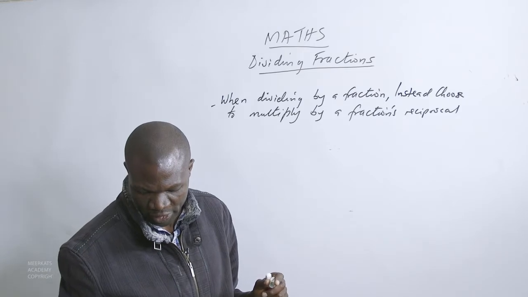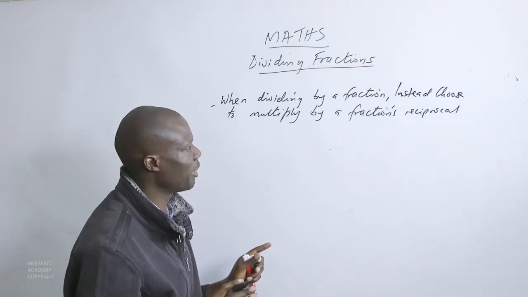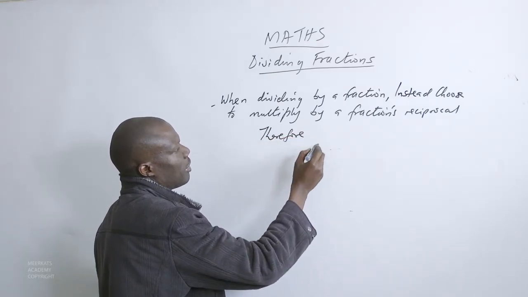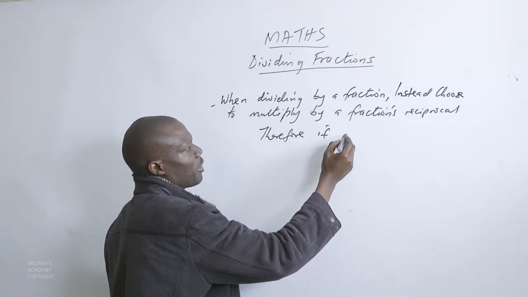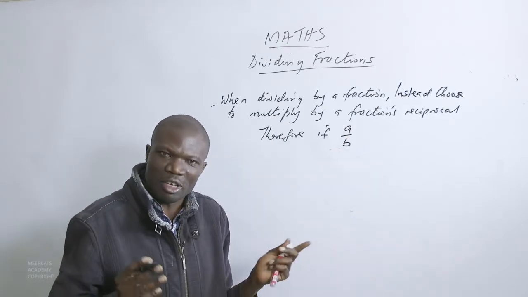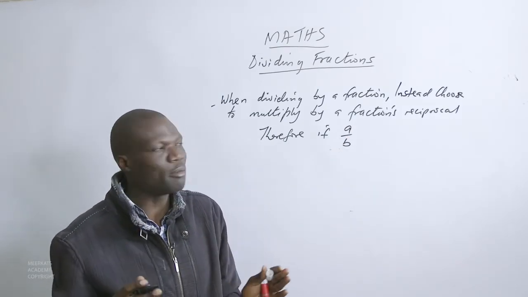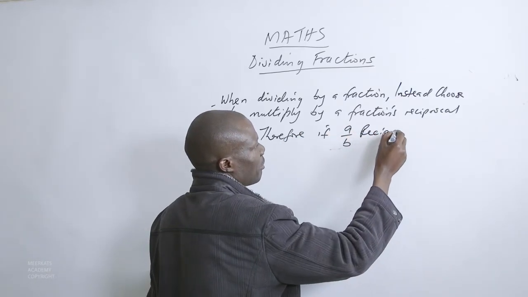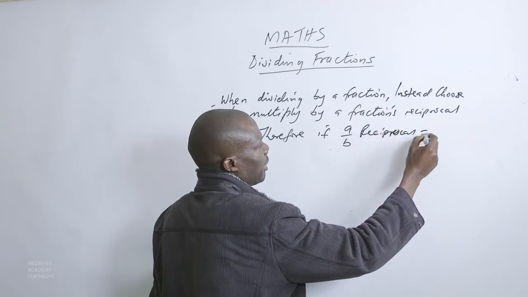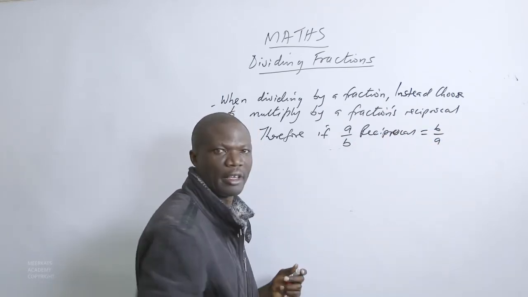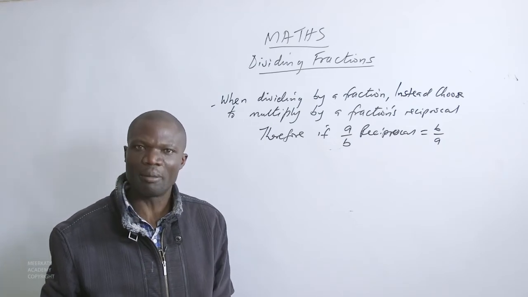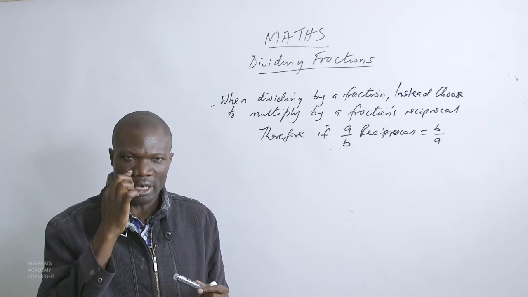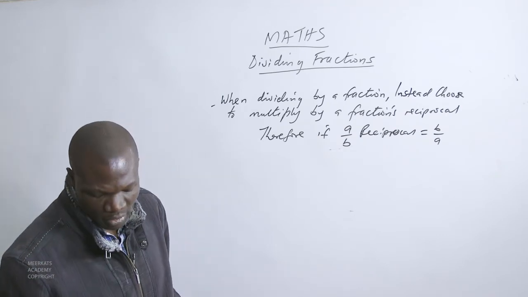What are we trying to say in this particular case? As we have seen earlier, if we have a fraction like a over b, and you are given a number divided by a over b, simply multiply by its reciprocal, and the reciprocal here is b over a. So given any number, and you are supposed to divide by a fraction, you simply multiply by the reciprocal of that particular fraction.